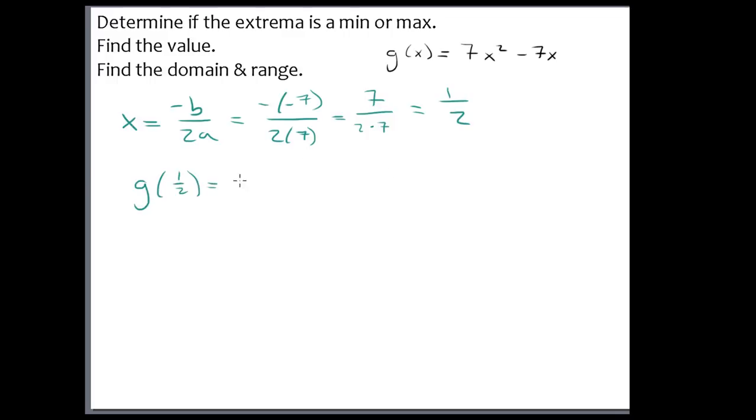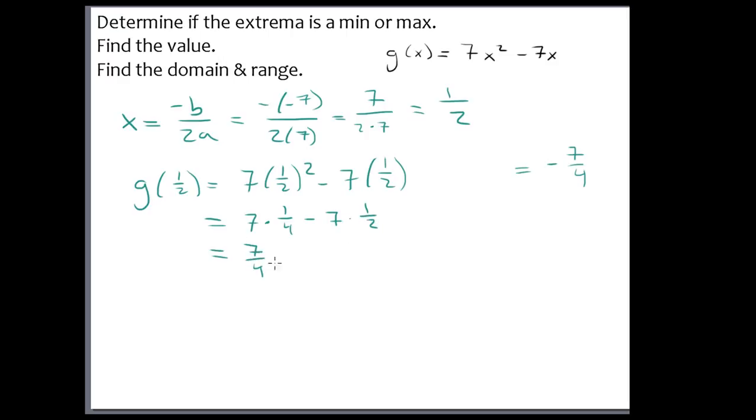g of 1/2 is 7 times 1/2 squared minus 7 times 1/2. That's my prediction. 7 times a quarter minus 7 times a half.